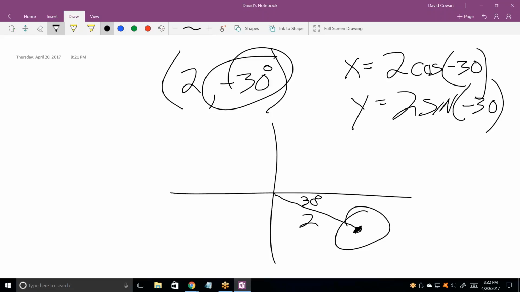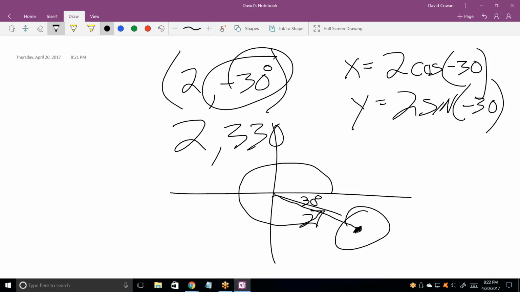But that would be the same as 2 comma 330. In other words, if I go around 330 and then go 2, I get to the same point. Yeah. You always want to end up on the same xy point. And polar and xy can be done on the same piece of paper. They're not different coordinate systems.